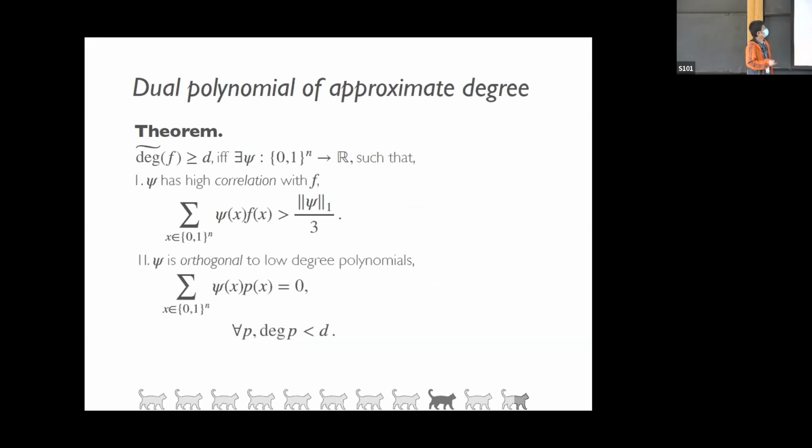And second, this witness function will be orthogonal to all the low degree polynomials. You can construct a witness function for the OR function, and you can also show that the approximate degree is at least square root of n. So these are the techniques that I want to mention.